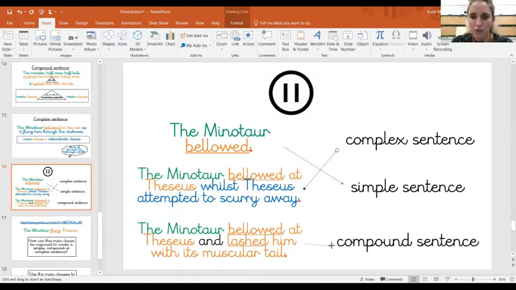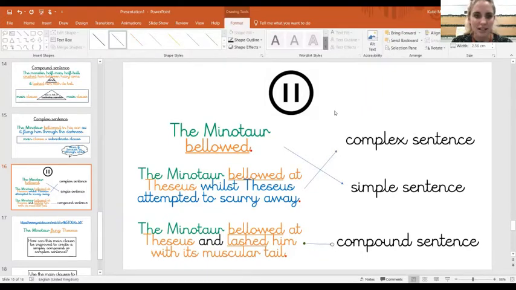I know that you would have all been great at matching those different sentences. Now, what we're going to do is watch a short video clip from the conflict in the myth. And then we're going to write our own sentences to describe what is happening. We're going to try and write a range of simple, compound and complex sentences. So let's watch that short part of the video now. That's going to inspire our writing and give us lots of ideas.